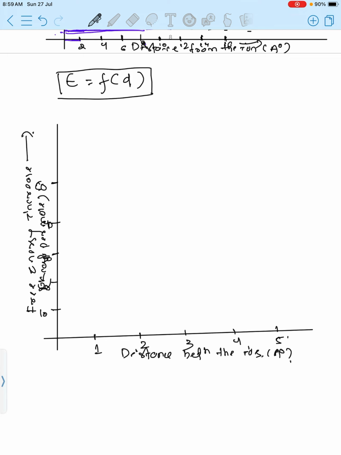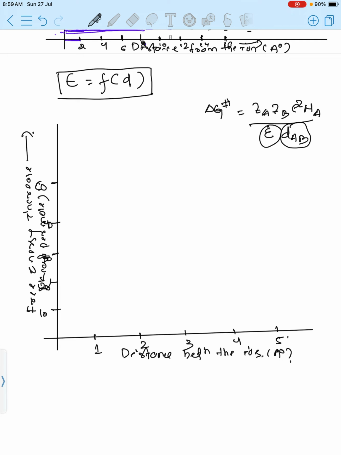So here the free energy of activation is ZA ZB e square NA by epsilon DAB. DAB is the distance between the ions, and epsilon is the dielectric constant value. So if the dielectric constant is kept constant, that means continuous solvent.